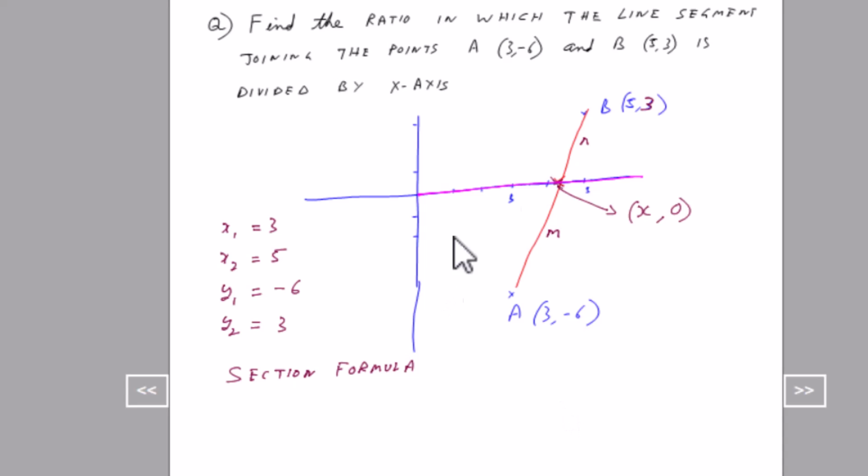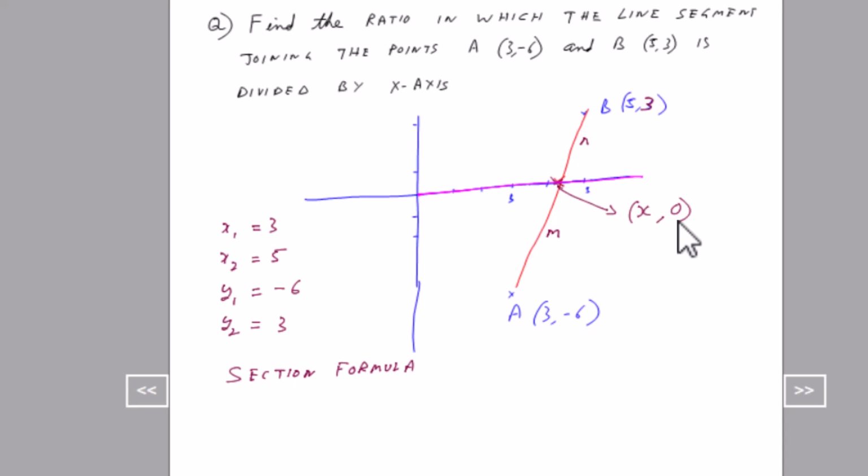So no matter where we go, towards the right, the positive direction or the negative direction, the y coordinate will be 0. Similarly, in this direction, the x coordinate will be 0. Now in this point, we have the coordinates as x and 0. Do we have to find x? Not required, because we just have to find the ratio m is to n. So to find this ratio m is to n, it is enough if we have one of the coordinates. So here we have the y coordinate value as 0.